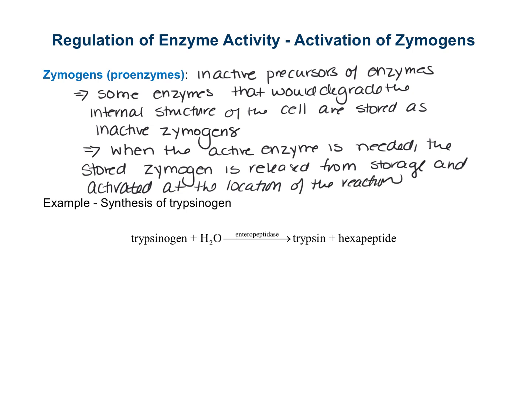Okay, and that activation usually involves just a cleavage of one or more of the peptide bonds, right? So a really good example of this is the synthesis of trypsinogen, which is the zymogen. So this here is the zymogen.